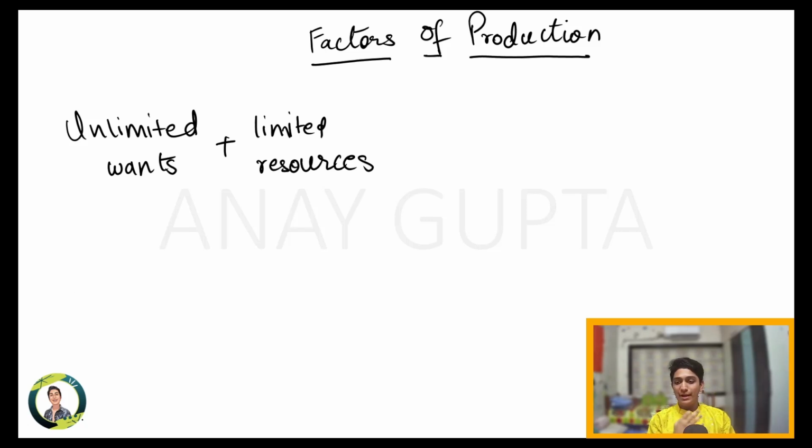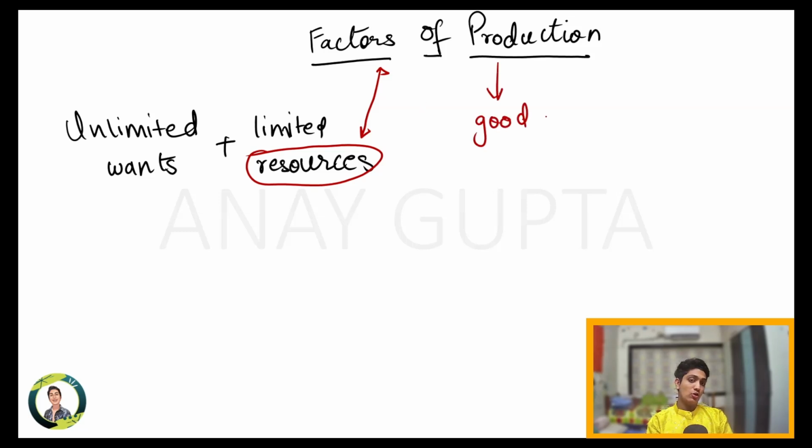Okay, but today we are going to understand what exactly are these resources, right? What exactly are these factors of production that allow me to produce a particular good or service? Okay, which is another term for these resources.